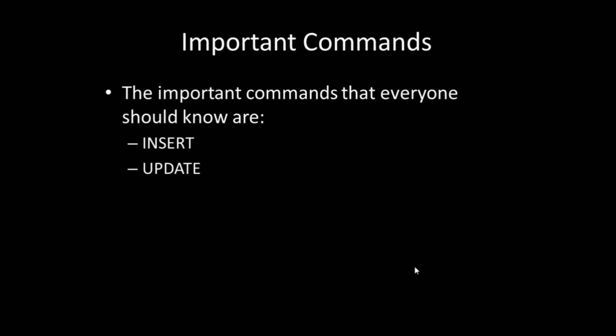Once you have the table, the first thing is to insert the data, where you can insert the records to the table. Whenever something changes in any of those columns, we call the update command to update the data in specific columns of a particular row.